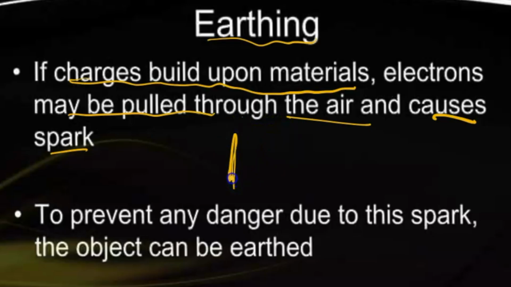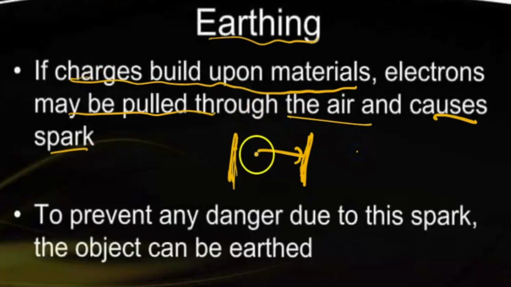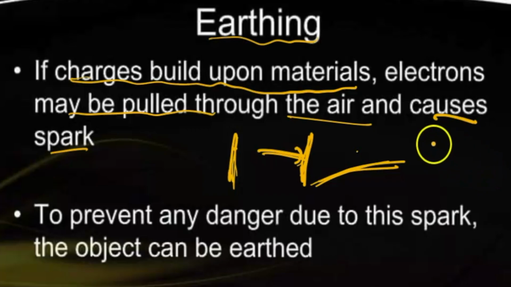Let's say one wire is here and another wire is there, and electrons pass from one wire to the other by conduction or some other method. There will be a spark due to electrons being pulled through the air. When electricity is flowing in a household wire and we touch it to another, maybe neutral, wire, there will be a spark between them.